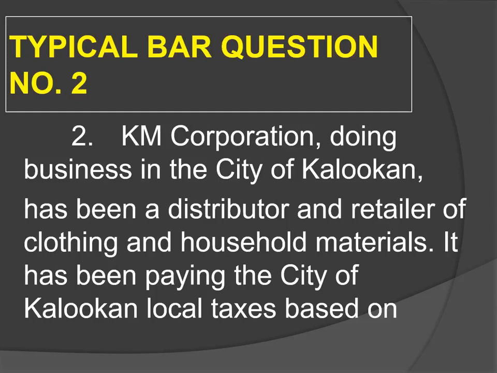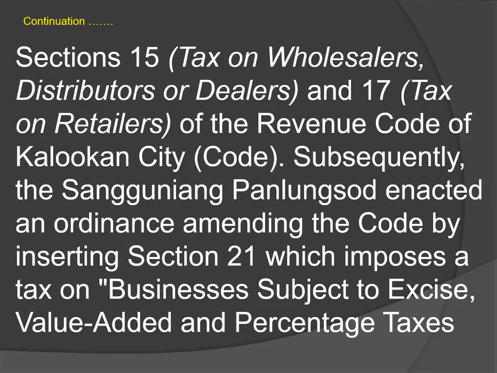KM Corporation, doing business in the city of Caloocan, has been a distributor and retailer of clothing and household materials. It has been paying the city of Caloocan local taxes based on Sections 15 and 17 of the Revenue Code of Caloocan City.